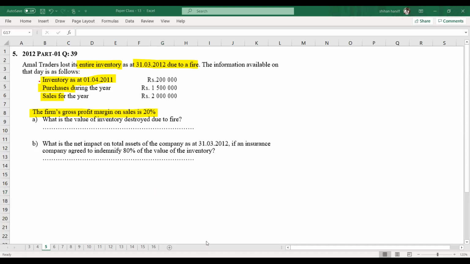Gross profit means sales minus cost of sales. Net profit means from the gross profit, you add other income and deduct all the expenses. Right? Take 2 minutes and do it. I will give a brief explanation on the question which you asked.